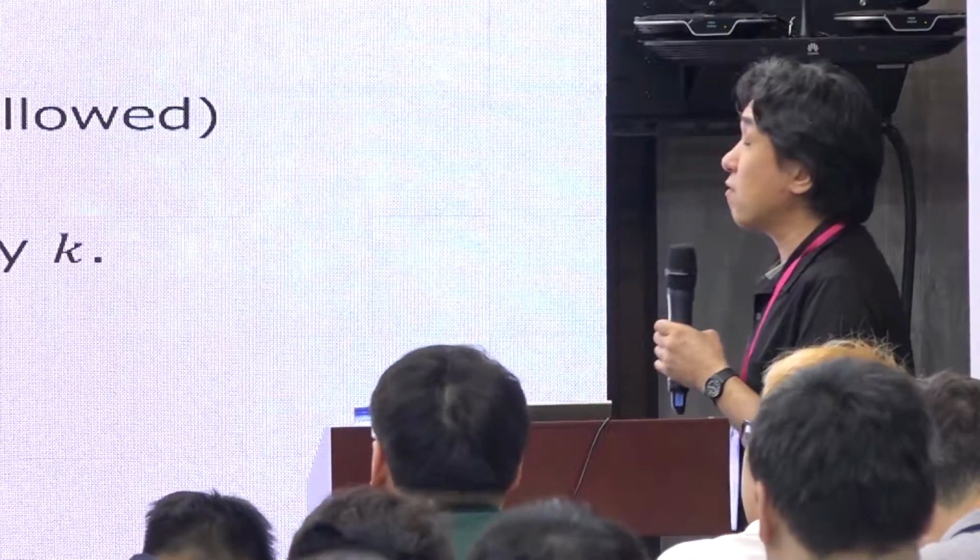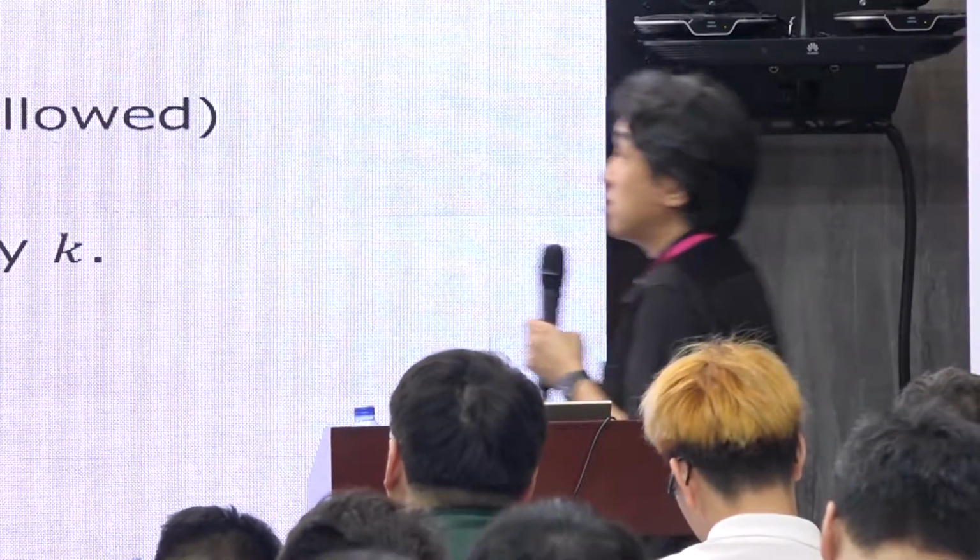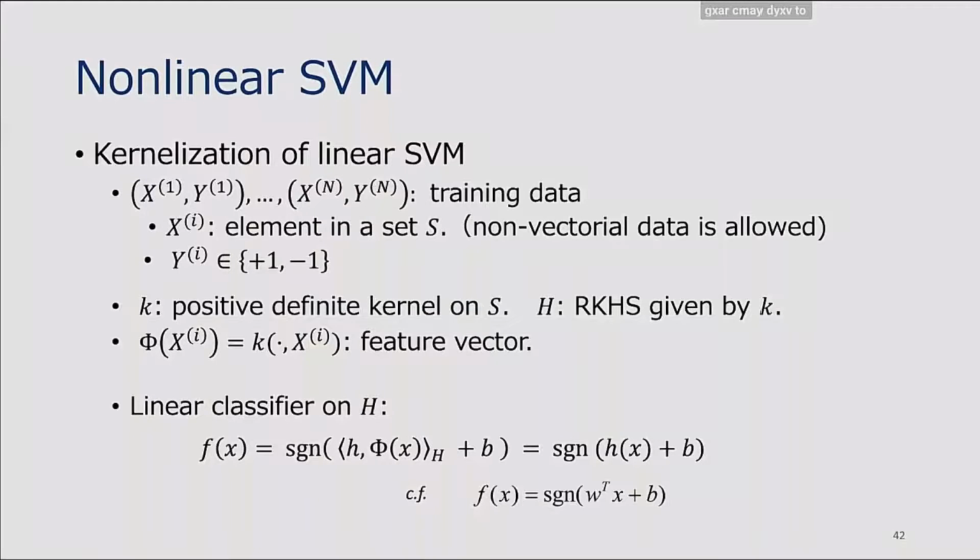So in the case of nonlinear support vector machine, we have training data, but xi may not be a vector or arbitrary data, and we introduce kernel k, positive definite kernel on k, and consider the feature vector, as in yesterday's talk.